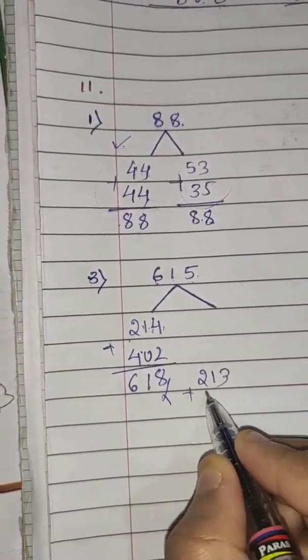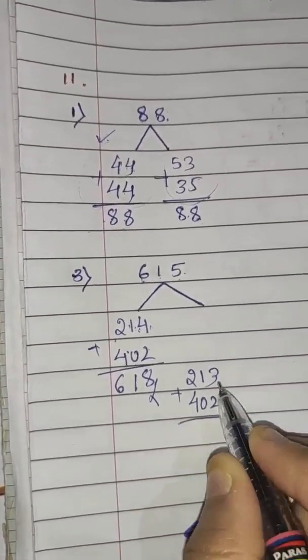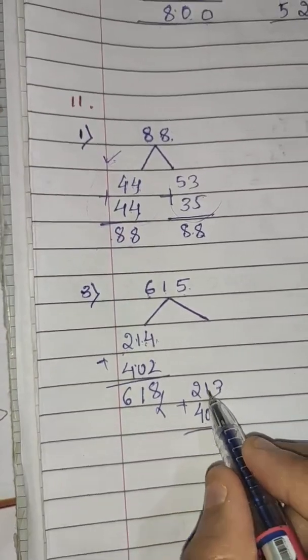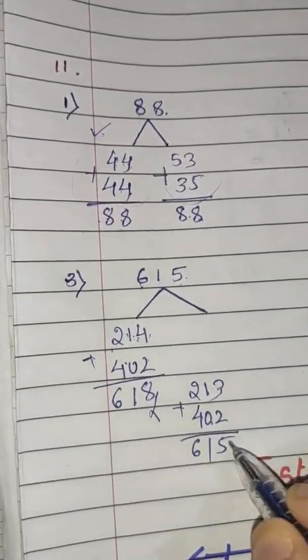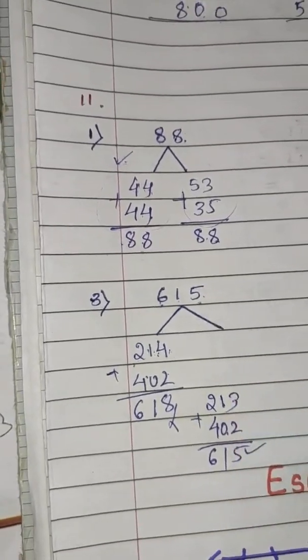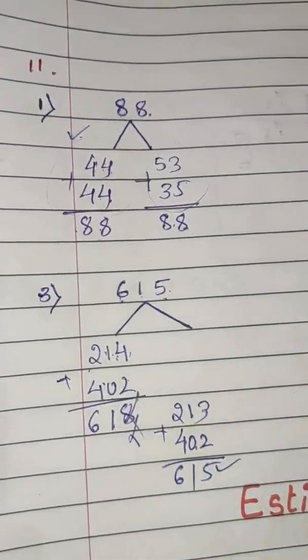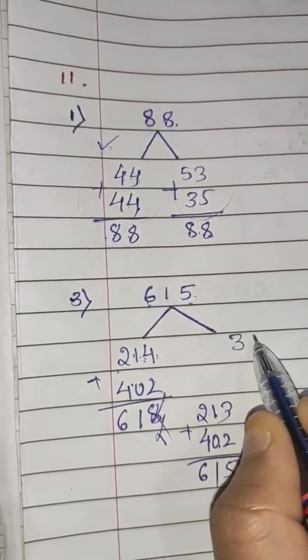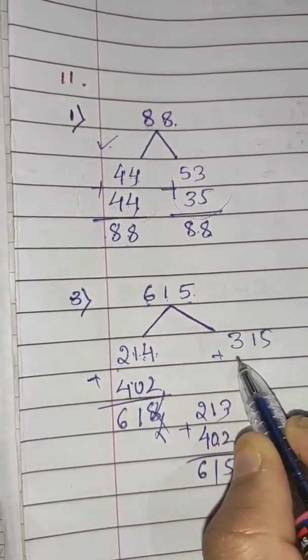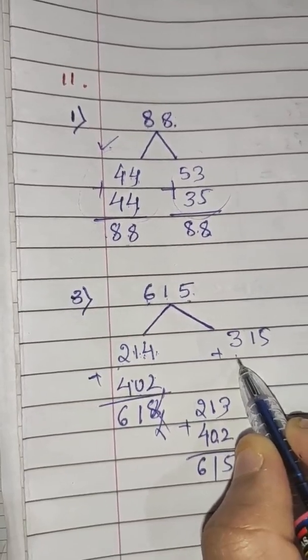So 213 plus 402. So 3 plus 2 is 5. 1 plus 0 is 1. 2 plus 4 is 6. Yes, we got the answer. See here, means the first one is wrong and this one is correct. So let us frame another question for it. So I will write 315 plus next another number, that is 300.